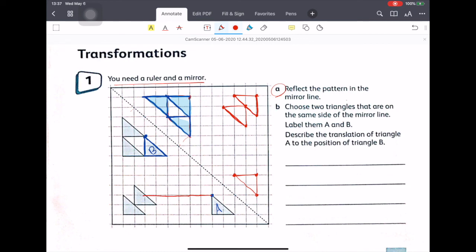So I will have 6 left. 1, 2, 3, 4, 5, and 6. And I will have 6 up. So this is going to be my description of translation.